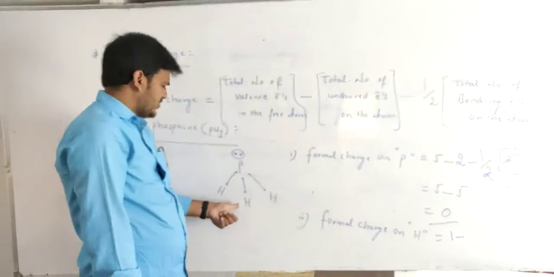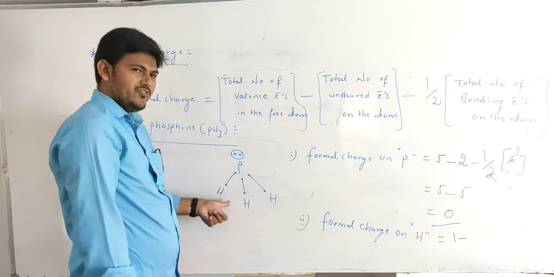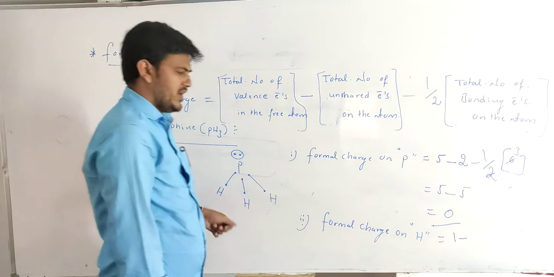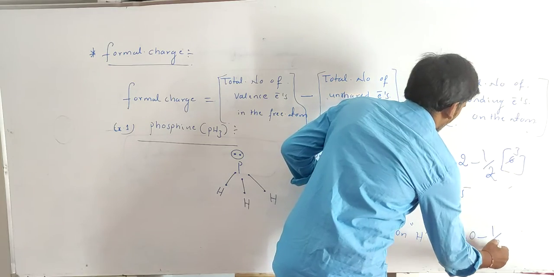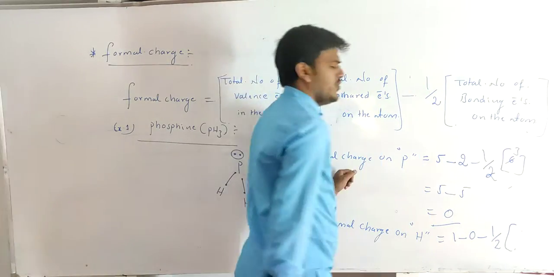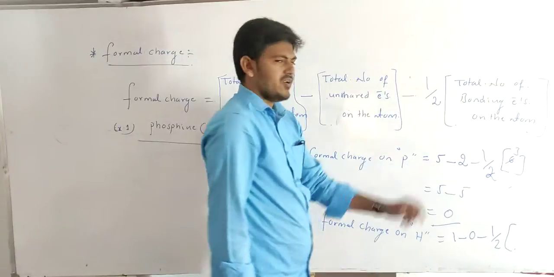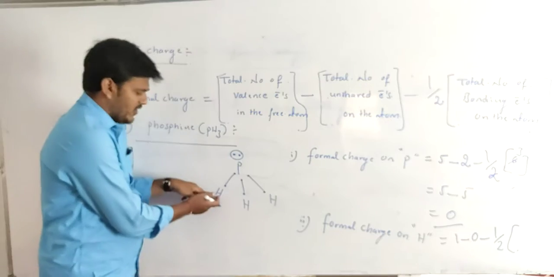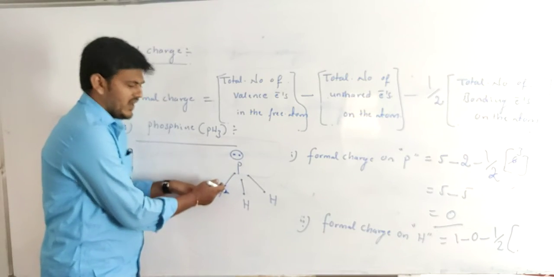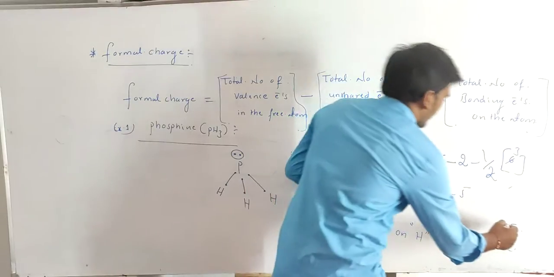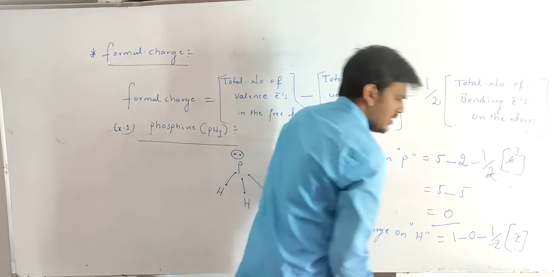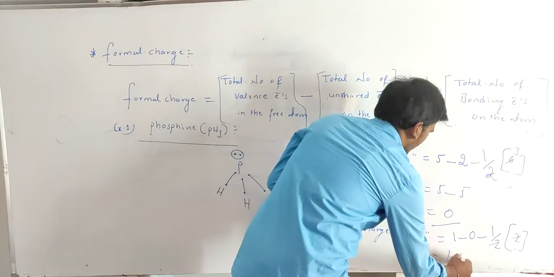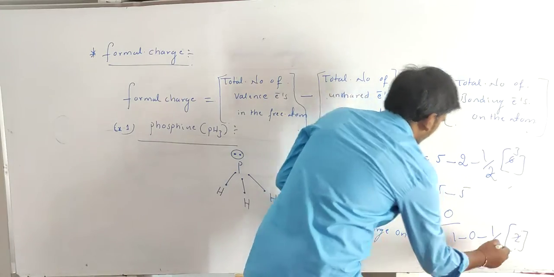There are no unshared electrons on the hydrogen atom, so 1 minus 0. Minus half into the total number of bonding electrons on the atom. The hydrogen atom has only 2 bonding electrons. So the 2s cancel, 1 minus 1 is 0. So the formal charge on the hydrogen atom is also 0.